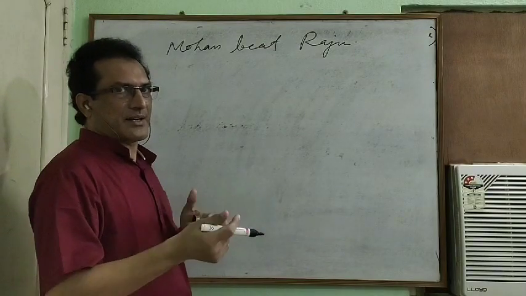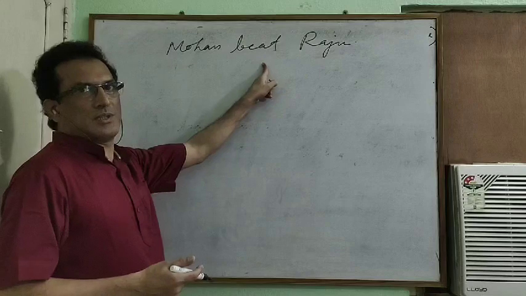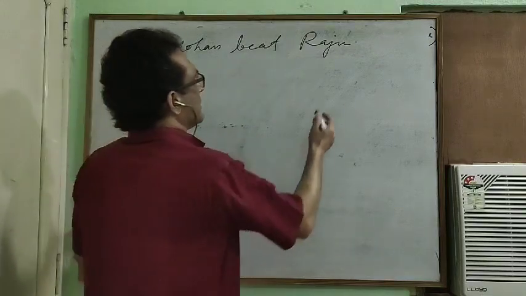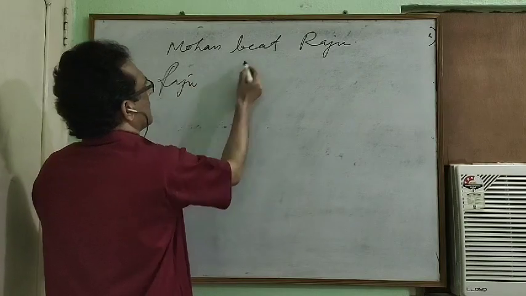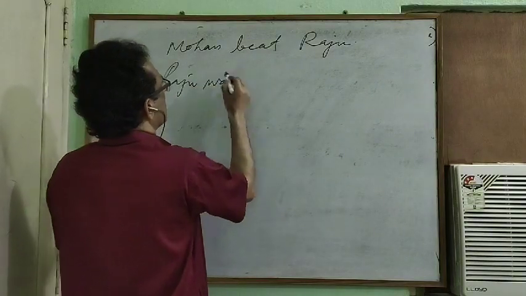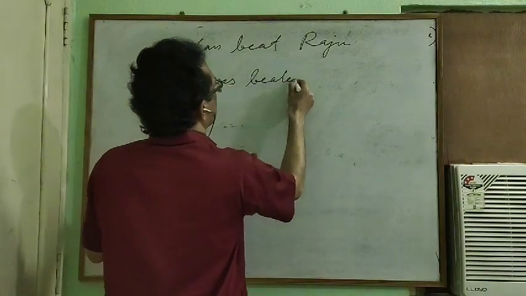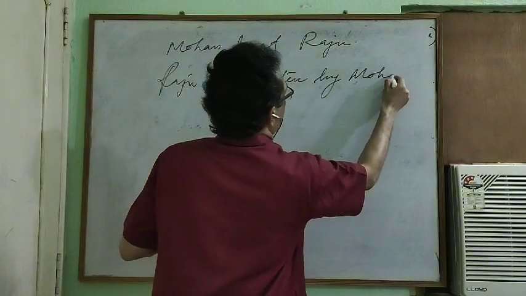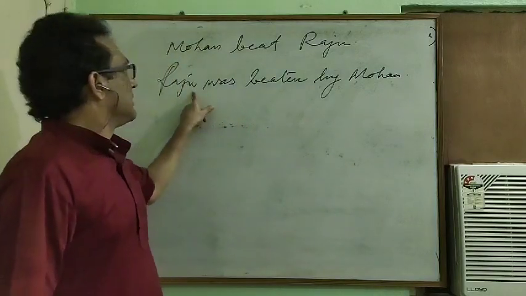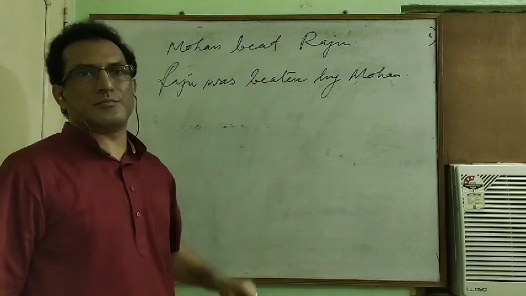Spelling is same, read and read. Same way, beat also, spelling is same. So Raju was beaten by Mohan. So here Raju was beaten by Mohan.